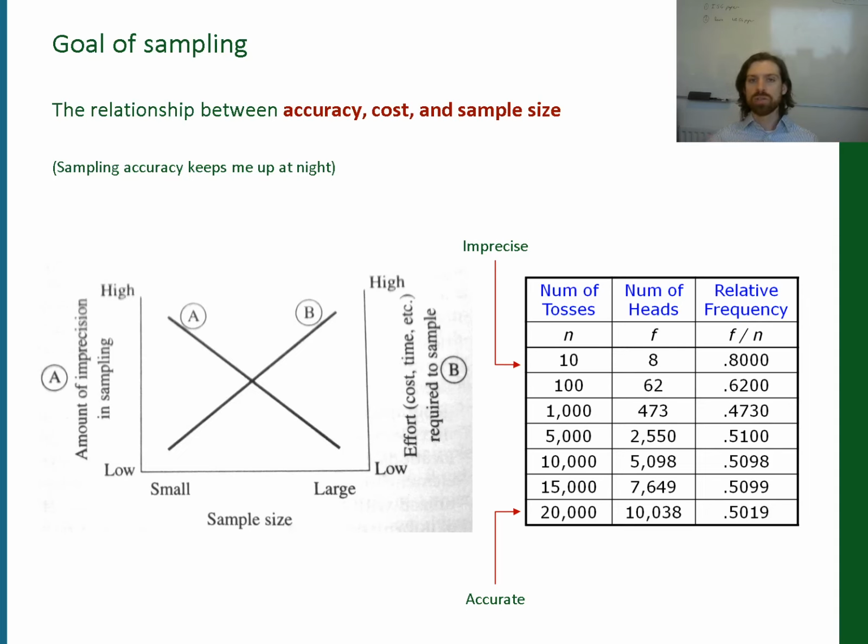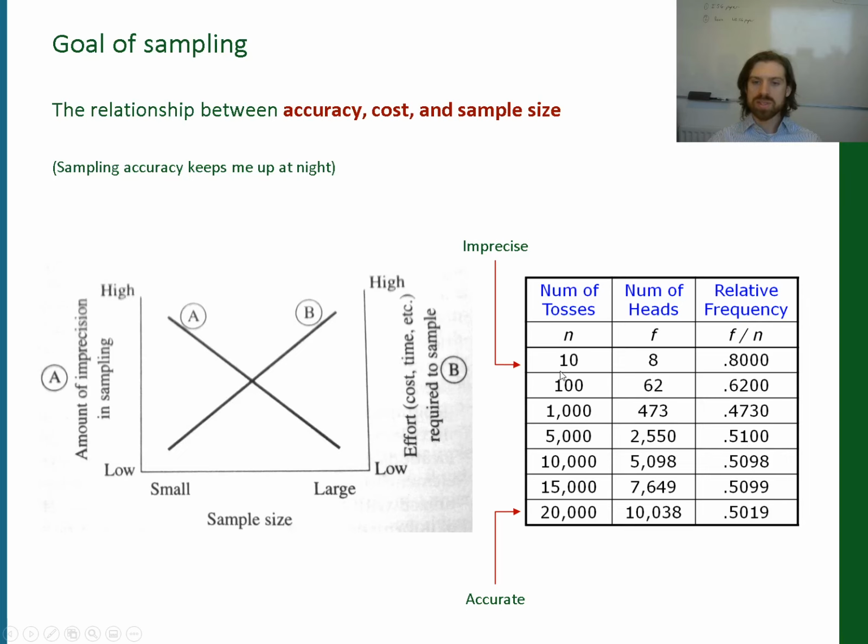I've just pulled this table from the previous lecture slides because we have the number of trials here, n, so we have 10 trials, 100, 1,000, etc. to 20,000. We have the number of heads that are recorded, so the frequency of heads, 8, 62, 473. And then we have the relative frequency, which is the number of heads divided by the number of tosses, the number of trials.